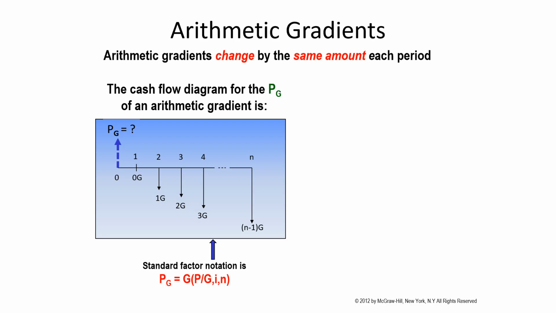But if you don't have the interest rate provided, then that kind of implies you're going to have to use the equation method. So the takeaway point, in terms of the form of gradients, is that you start to see the impact of the gradient in year 2, just by convention, not at the end of year 1.